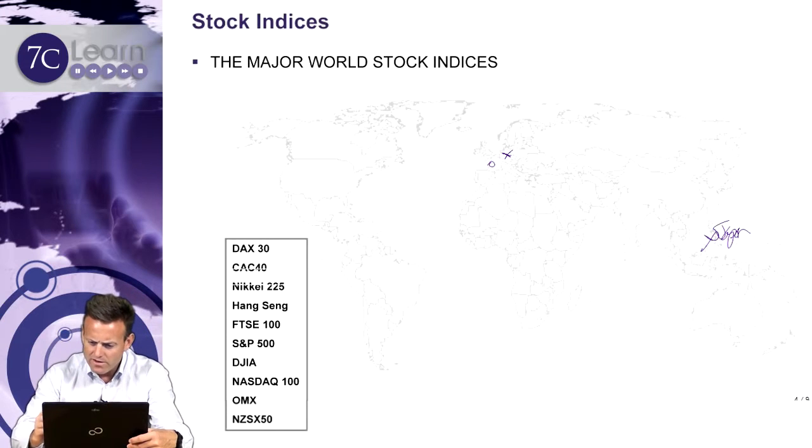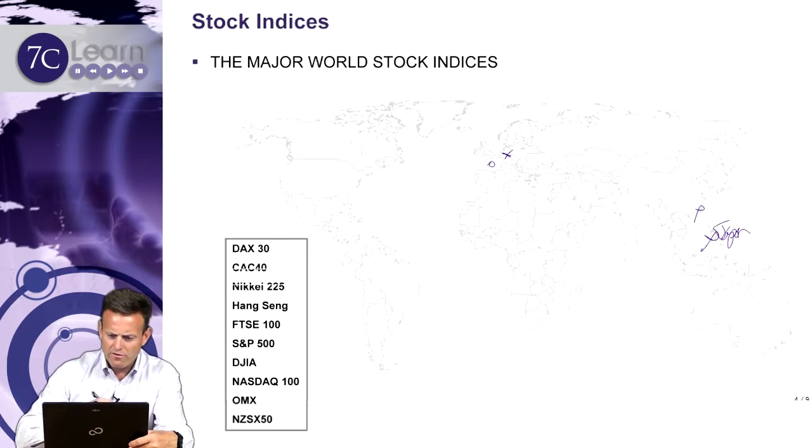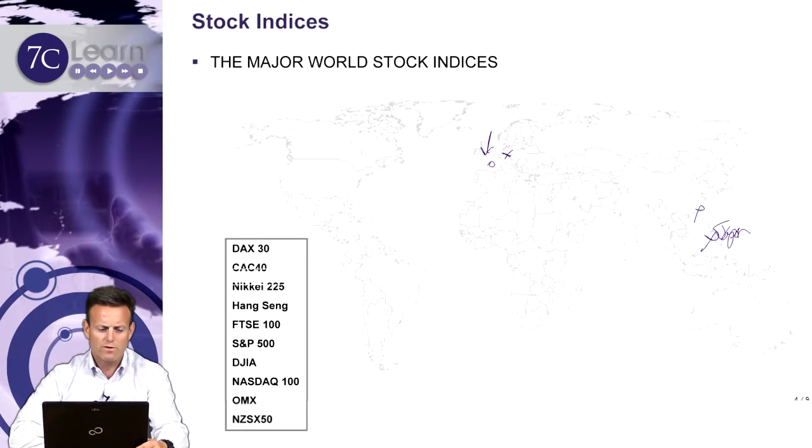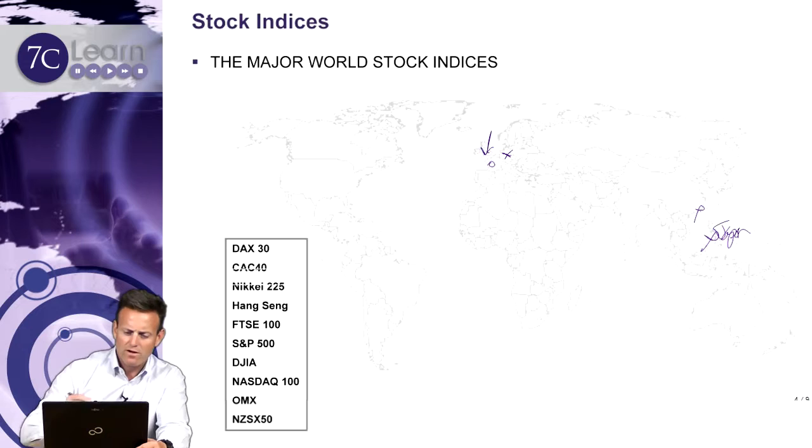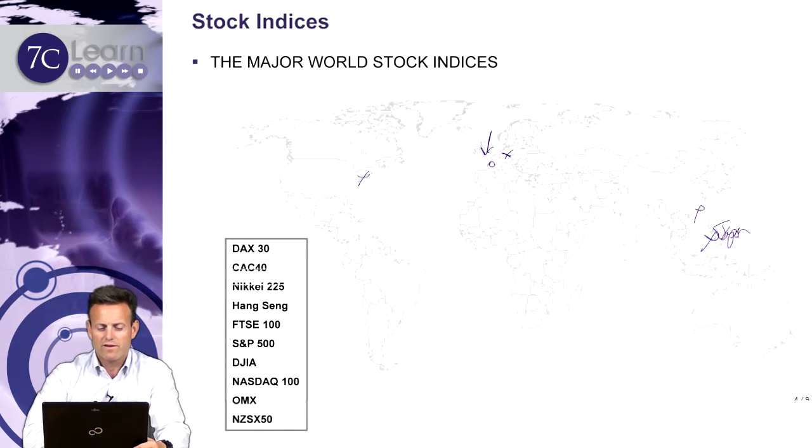Hang Seng is Hong Kong. Okay, the FTSE 100, that's in London, over here. Okay, in the UK, so the FTSE 100. S&P 500, hopefully that's familiar. That's right here in the good old US of A. I'll put it down as being in New York as the financial capital of the world.